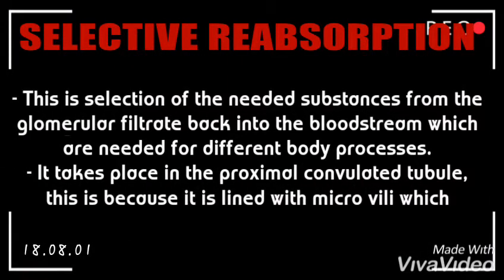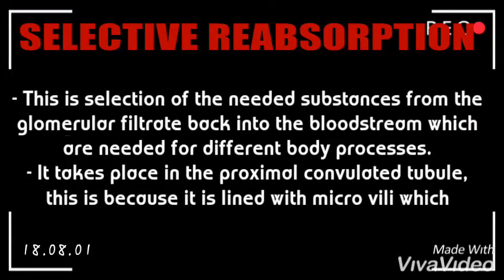So the next process in urine formation is selective reabsorption. In selective reabsorption, there is selection of the needed substances from the glomerular filtrate back into the bloodstream, which are needed for different body processes.